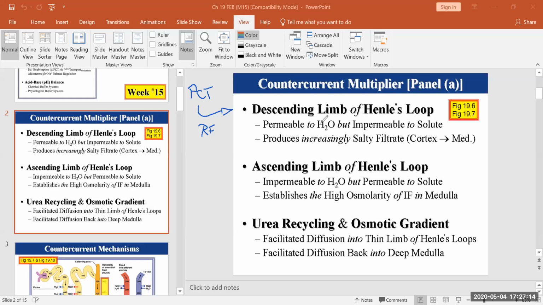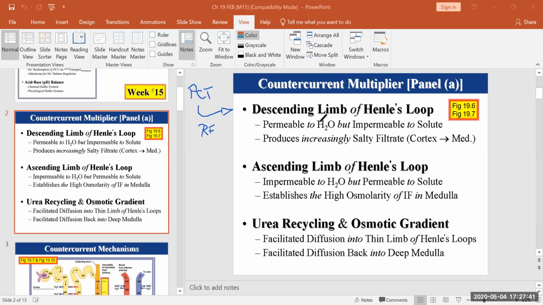So as water is leaving and the renal filtrate is going deeper into the medulla, you are basically concentrating that renal filtrate because that water is leaving the renal filtrate.